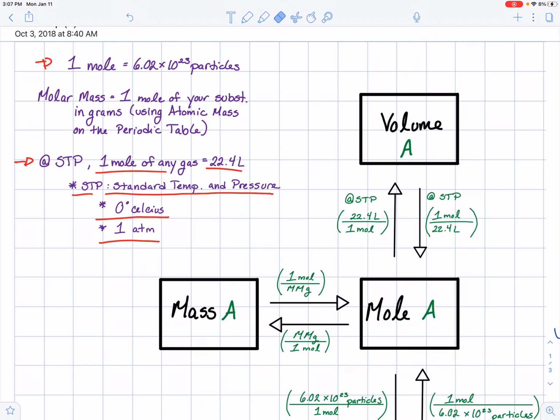The last definition we're going to be using is about molar mass. So here is our last definition of the mole. So molar mass is equal to 1 mole of your substance in grams. So we'll be using the periodic table and looking at the atomic masses that are on the periodic table, and we're going to assume that that is the mass if we have 1 mole of that substance.